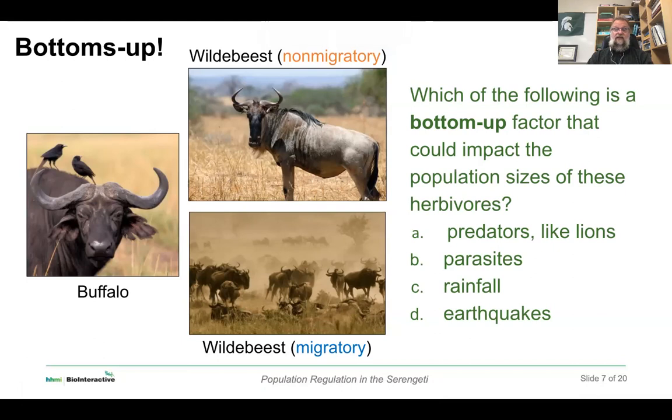And so density independent factors are neither bottom up or top down. The correct answer in this case would be rainfall, because rainfall is going to impact plant growth. And since rainfall impacts plant growth, that's going to be a bottom up control because that's their food supply. So the correct answer would be C. So if you would like to revise your answer, you'll want to pause the video, change your answer, and give an explanation as to why you're going to change your answer.